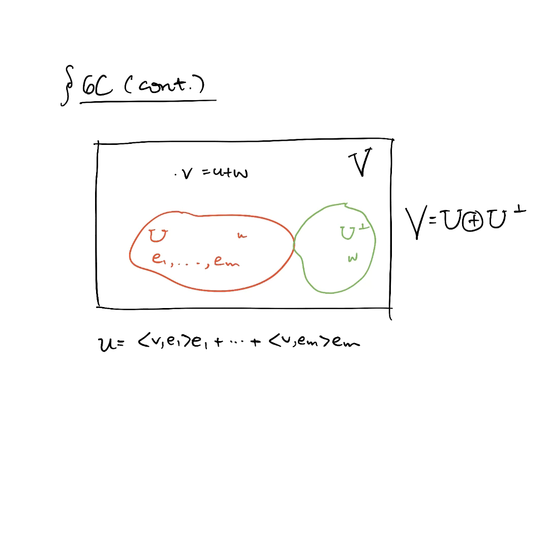So let's remind ourselves how the projection map works. We defined capital P subscript U from V to V by: when you do the projection to a typical U plus W, you just ignore the W. That's it.